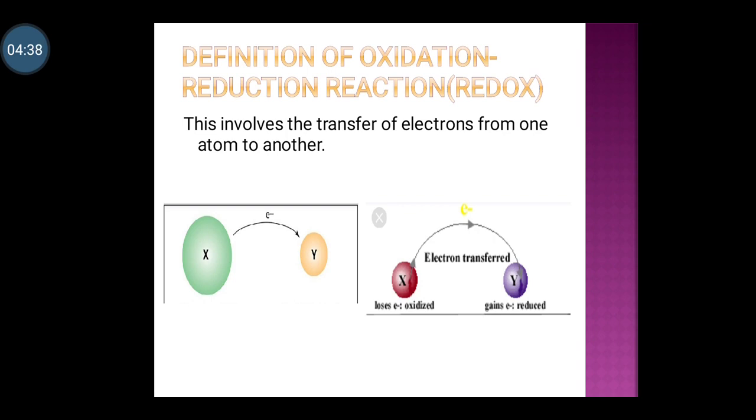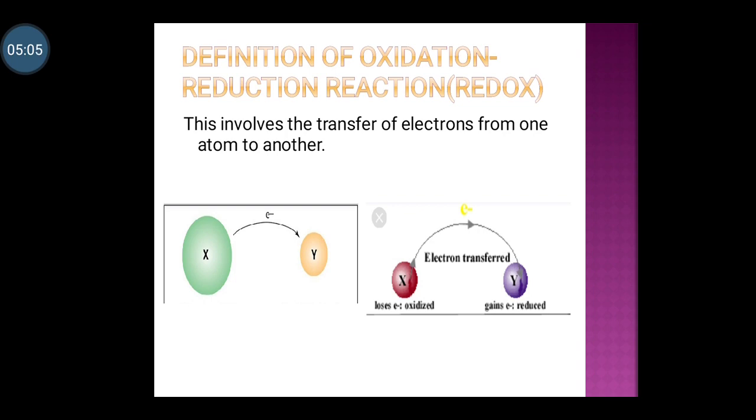The protons are positively charged, while the neutrons have no charge. The electrons are revolving around the nucleus, outside the nucleus. They contain negative charges, so electrons are negatively charged.